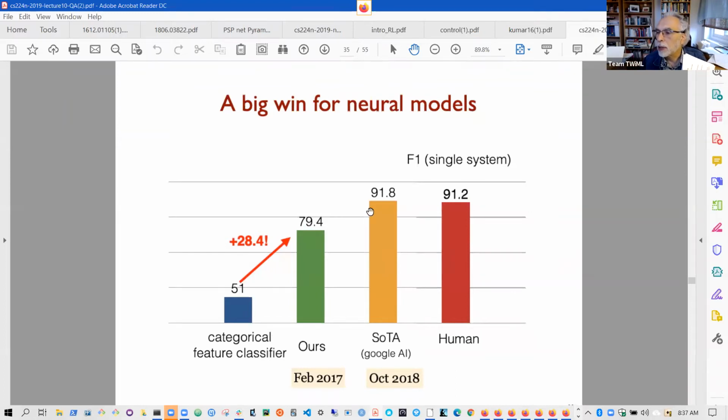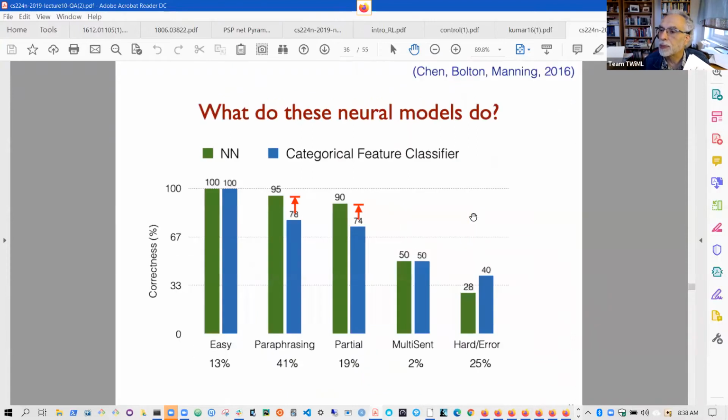And then from then on, the improvements are smaller. So you get up from 50% to 80%. And then from there, you get maybe another 10% improvement from Google's best effort, which gives you 10% better than what Stanford graduate students were able to do. And again, Google did end up beating human level performance.